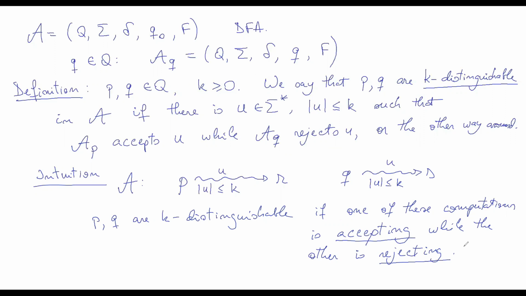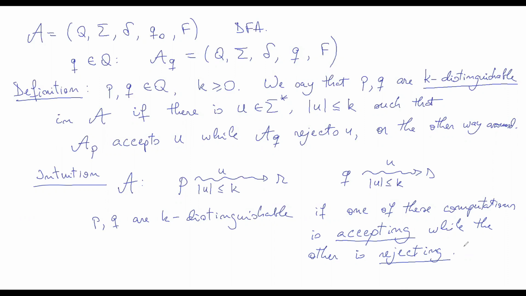And so intuitively, what I mean by this is that from the point of view of the automaton A, you want to minimize these automatons, right? And so you will do that by eliminating some of the states. And the basic question you have in front of you is, which states can you afford to eliminate? So in other words, which state doesn't really bring anything new in addition to something you've had in some of the other states?